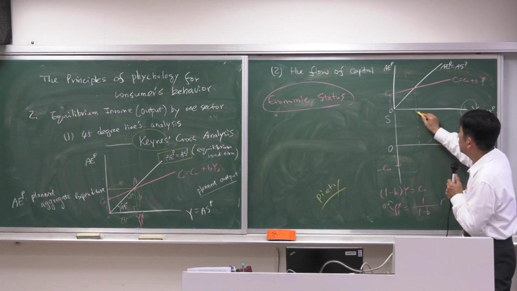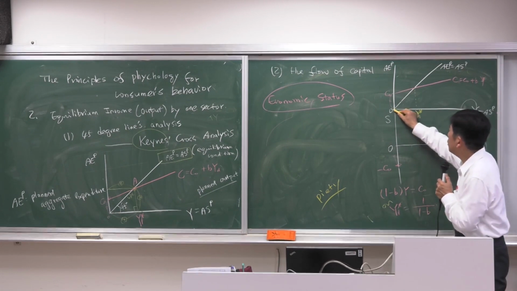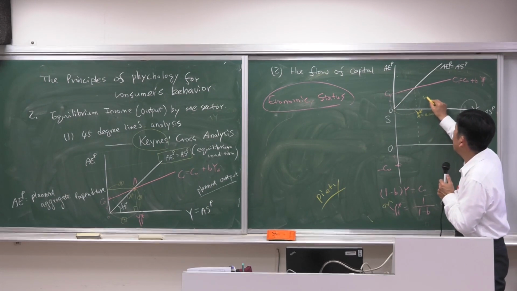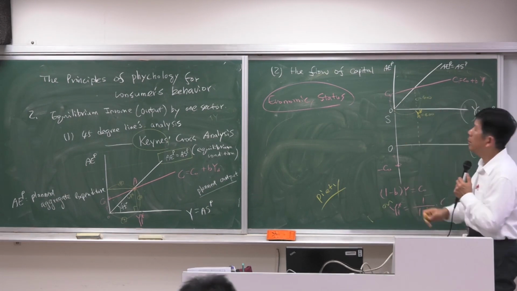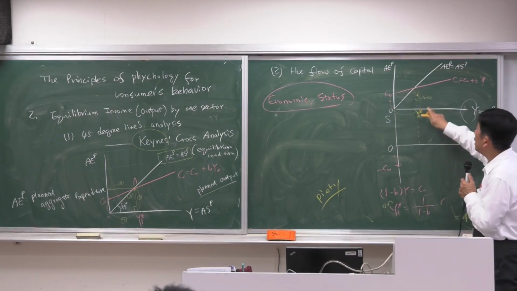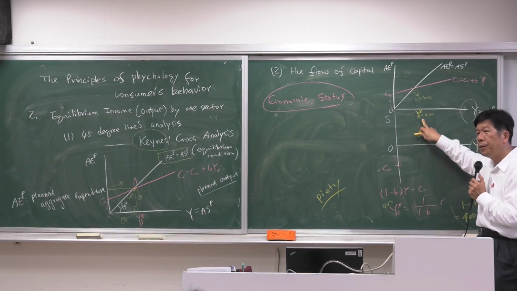Okay? And after that, you can see here, we mentioned this one, the star. It means you have $400 and then you spend 400. So this is your consumption 400 and your earning 400. And how about your savings? 0.